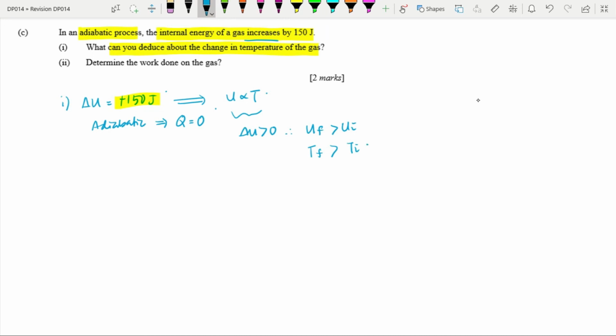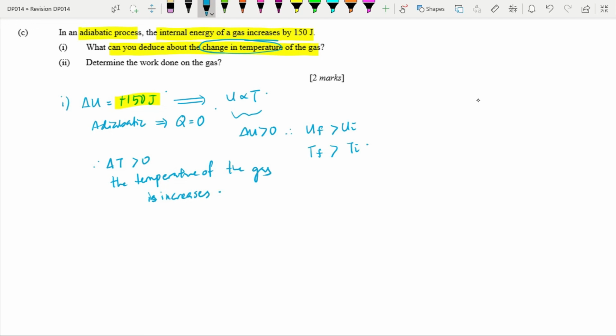Okay, so bila kita nak explain apa yang jadi tentang perubahan temperature of the gas, so kita boleh explain lah. What can you deduce about the change in temperature of the gas? So, change in temperature pun kita akan assume is greater than 0. Okay, meaning the temperature of the gas is increased.